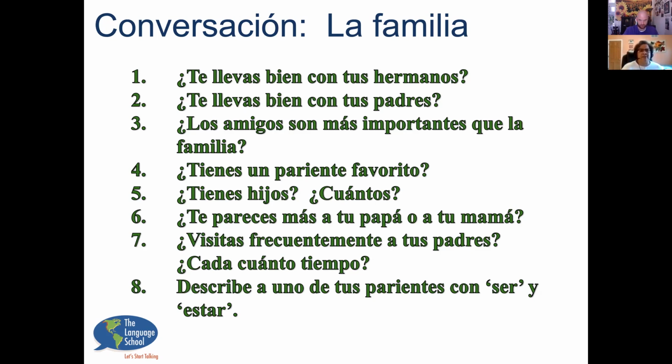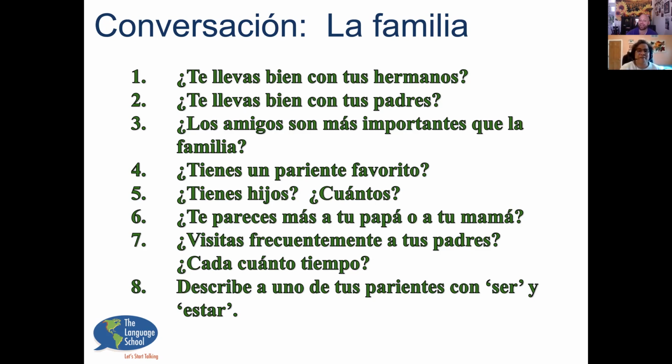No, no visito frecuentemente a mis padres. ¿Cada cuánto tiempo? Well, they died, so I don't visit them anymore. But you could visit them at the cemetery. Oh, yeah.